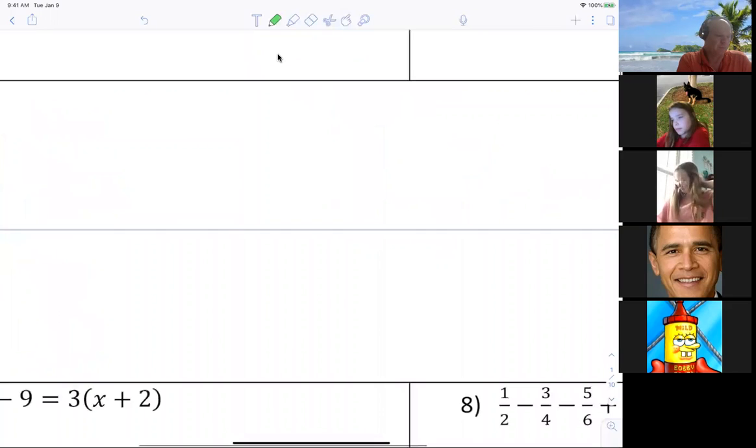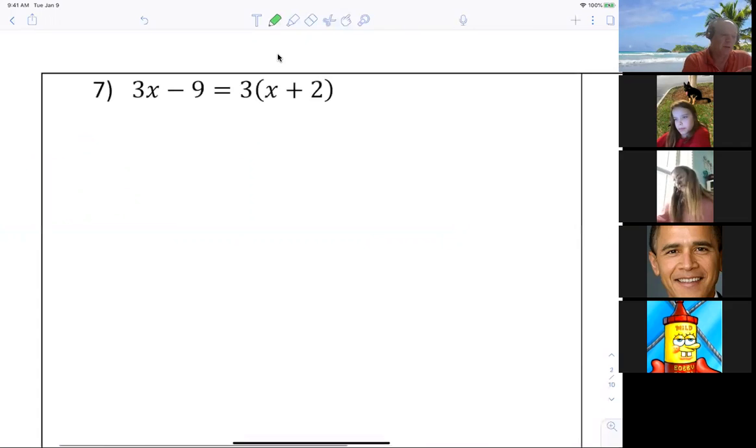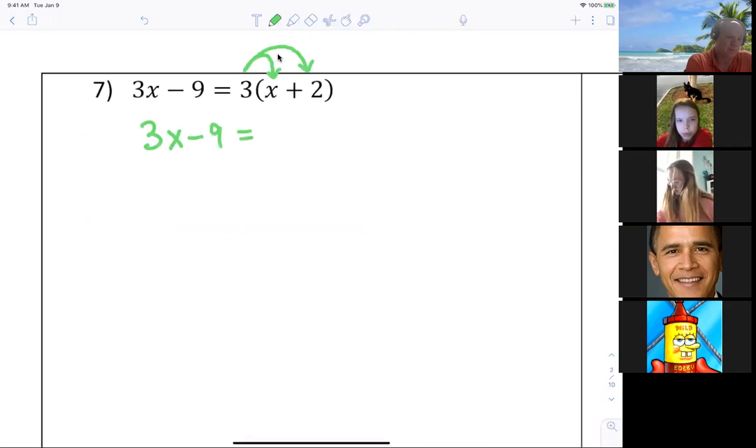All right, here we go. 7. Now we have to distribute. 3x minus 9 equals 3x plus 6. Anybody got a question with that? Now you should look at that pretty soon and say that doesn't make sense. 3x minus 9 can't equal 3x plus 6.